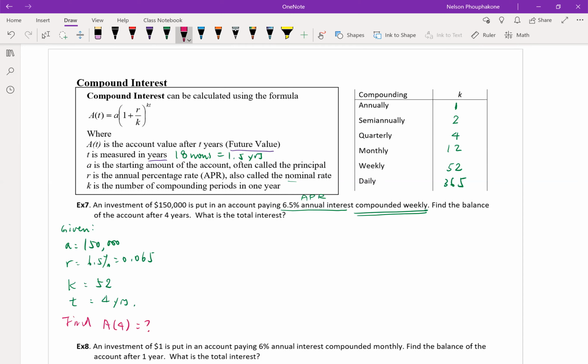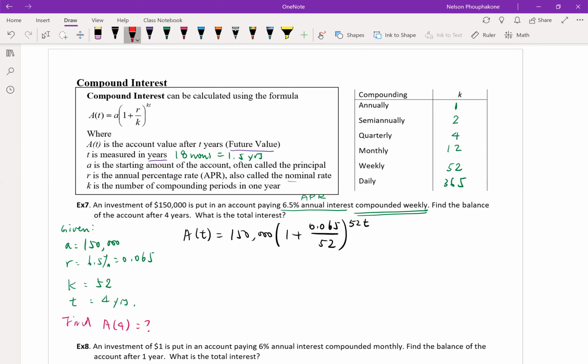Okay. Then now, let's see. First of all, I would like to set up the problem. So I have A of t is equal to 150,000 multiplied by (1 plus r, which is 0.065, divided by 52, k) raised to the power of 52t.